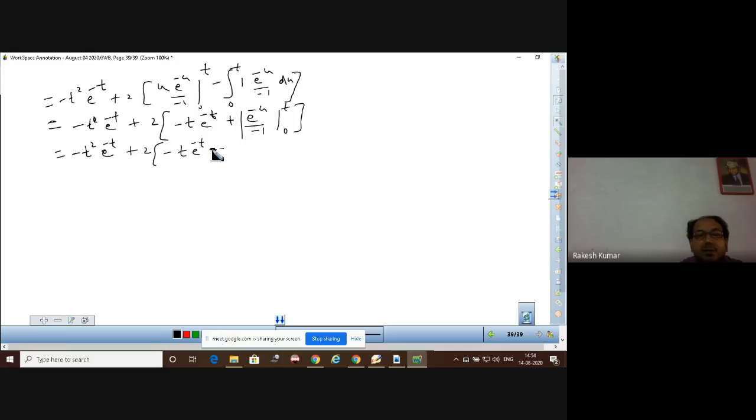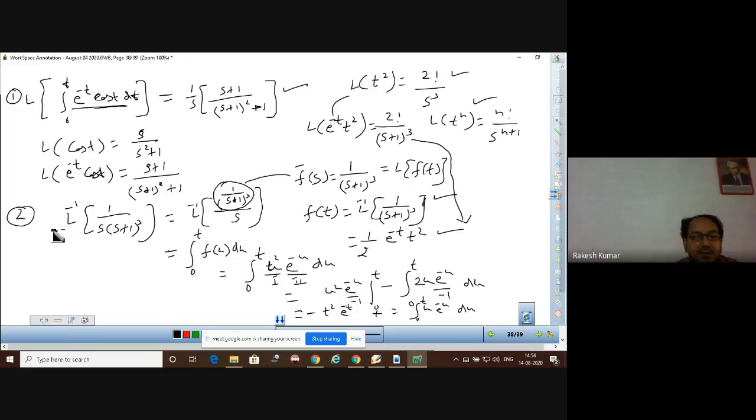Substitute the upper limit, this is e raised to power minus t and minus 1. Now, this is the required inverse Laplace transform of this question.